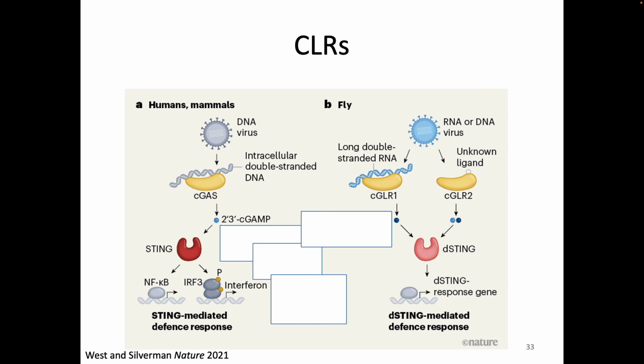And they were like, oh crap, if we actually look outside of humans, there's a whole family of cGAS-like receptors, CLRs, instead of just the one. So when we think of just humans, we're like, oh, there's just one. It's cGAS. But if we actually look broadly, we see that these are part of a family too, the cGAS-like receptors.